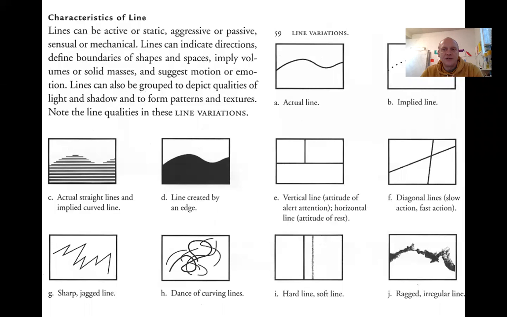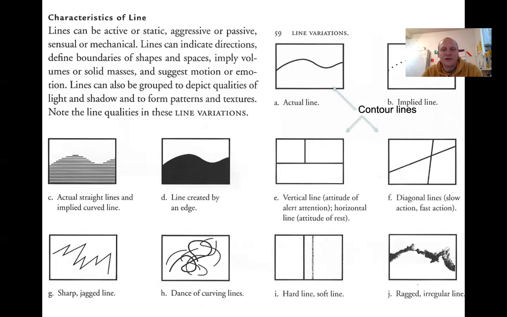And there are different kinds of lines. There's actual line, there's implied line, which I talked about earlier. Straight lines and implied lines in C, the abutting edges of shapes in D. Vertical lines, diagonal lines, jagged lines, curving lines, hard lines and soft lines, and ragged, irregular lines, like arrows.